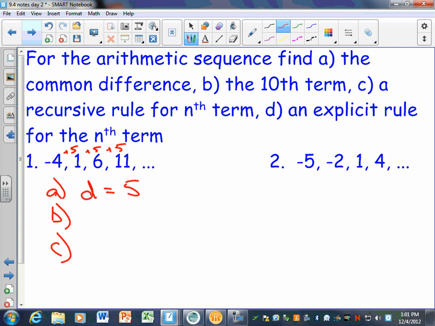Part C, write a recursive rule. Use that formula I just gave you. I'm going to write it out for you again. The recursive rule is a sub n equals a sub n minus 1 plus d, but you have to say starting at n greater than or equal to 2, just like the ones from your homework yesterday. They tell you where to start.